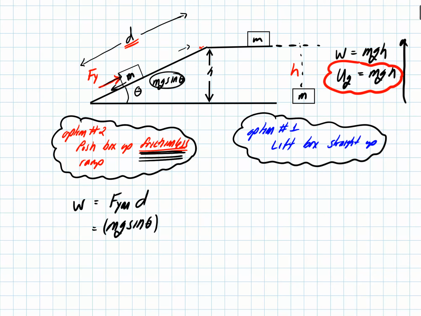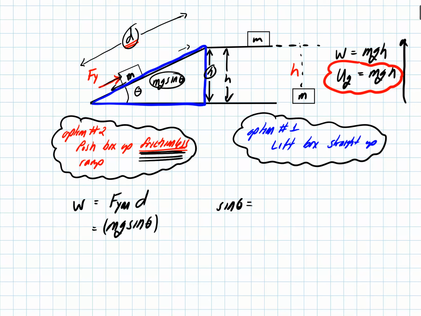Now, what is distance d? We know the height is h, but what about the distance d? Well, do you see the right triangle? The angle is theta, the opposite side is h, and the hypotenuse is d.